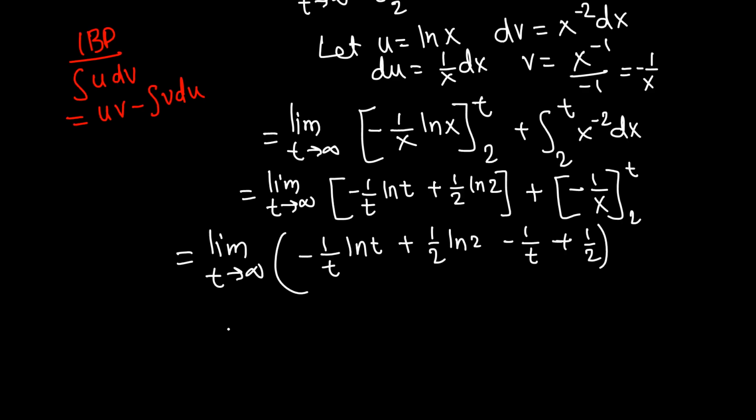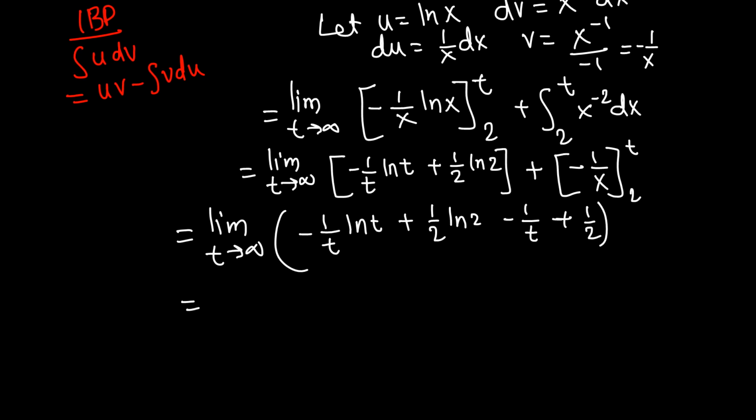Now when t goes to infinity, when t is very big, 1 over t will be 0. These are constants. How about natural log of t over t when t goes to infinity?